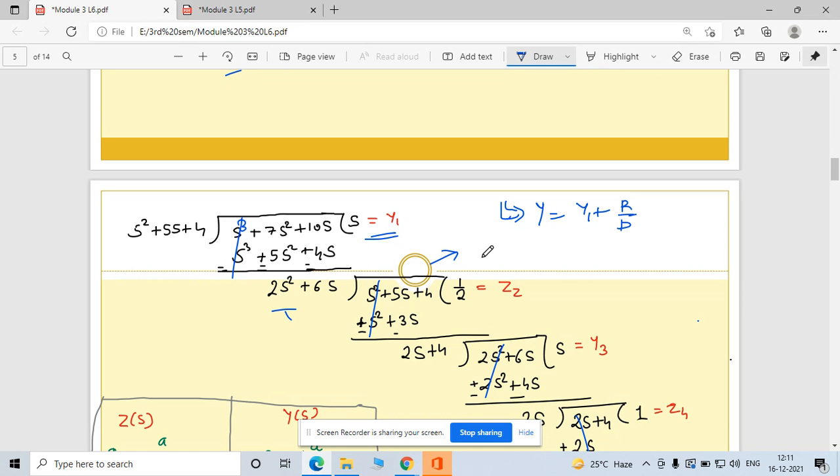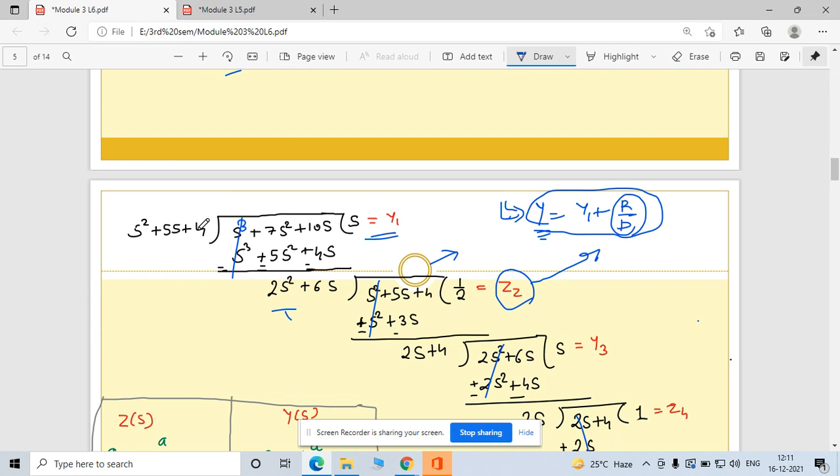Actually this is not wrong. The term indicated here is your Z2. For the admittance function you take the reciprocal of that, which is why you write remainder upon divisor here. So this satisfies your condition for admittance. But when you observe directly from the quotient, this second quotient indicates an impedance function.